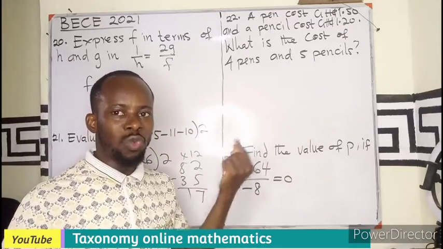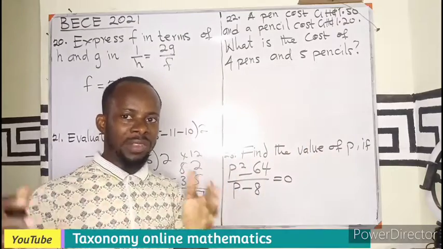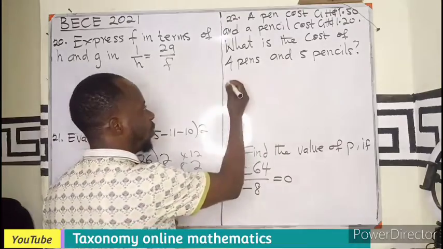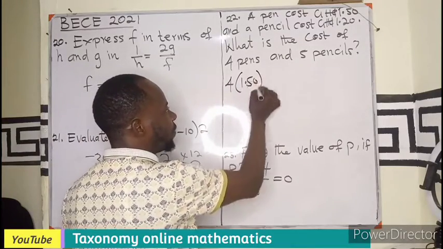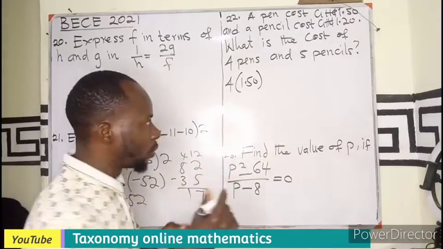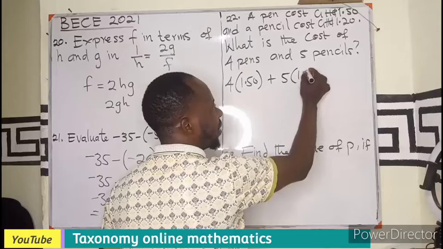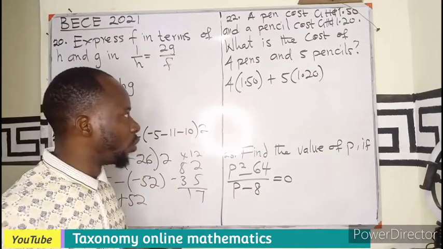So if a pen is 1 cedi 50 pesewas, 4 pens means 1 cedi 50 pesewas added 4 times. That simply means I'll be having 4 times 1 cedi 50 pesewas, plus 5 multiplying 1 cedi 20 pesewas. That is the meaning.